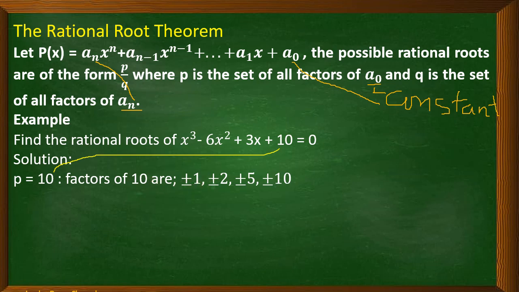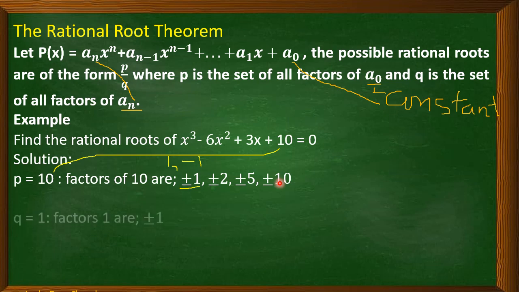Instead of writing 1 and negative 1, we can write plus minus 1 to denote positive 1 and negative 1. So the factors of 10 are plus minus 1, plus minus 2, plus minus 5 and plus minus 10.